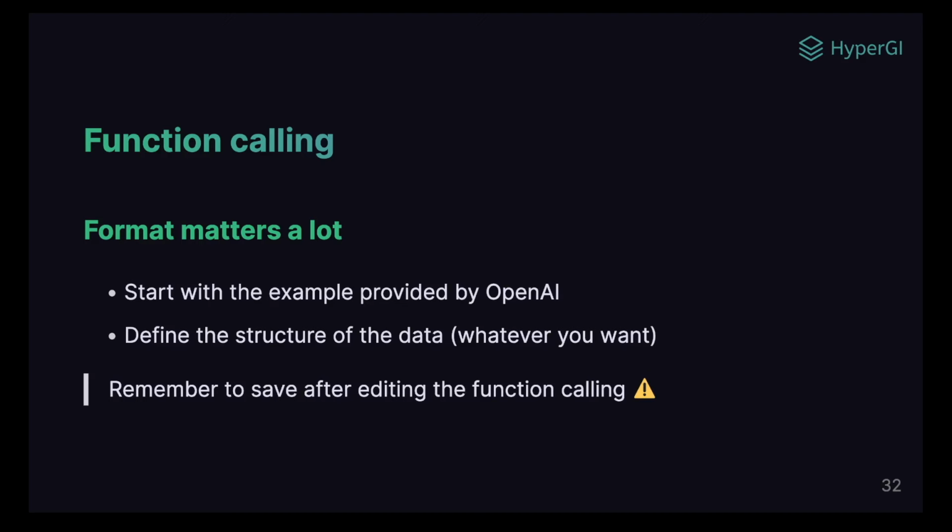When we did the lab, you noticed that I made some mistakes. We missed the format, and it will not work. So you really need to be careful about it. Always start with the example provided by OpenAI, define the structure of the data, and remember to save it. But of course, if you do the programming, you don't need to follow these rules. You can just call the function directly.